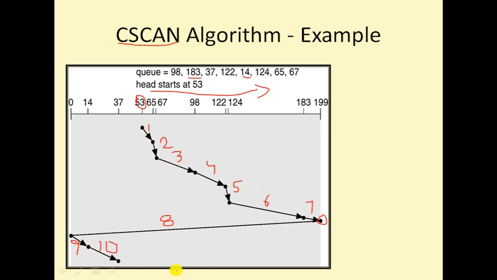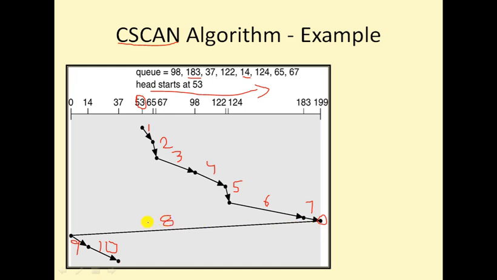If you want to estimate the number of head moves or tracks visited, simply, from 53 to 199, that is 199 minus 53. From 199 to 0, even though no request is accepted at this stage, in the 8th move, we still have to count the head movement here.